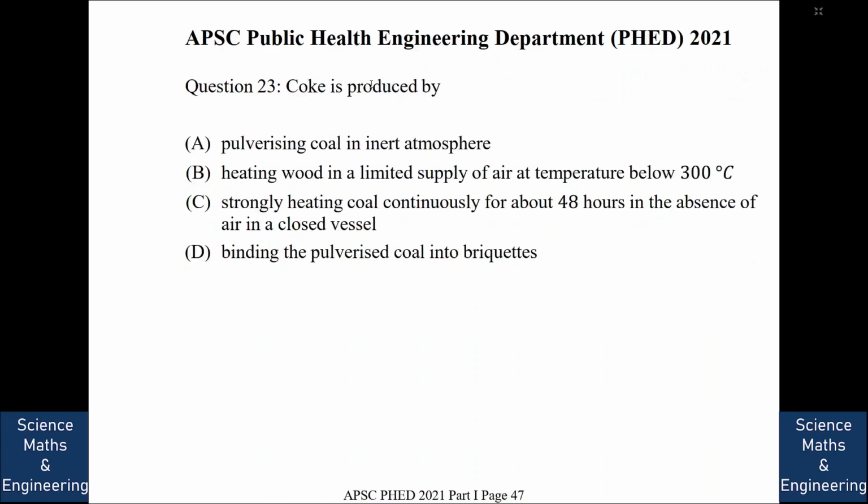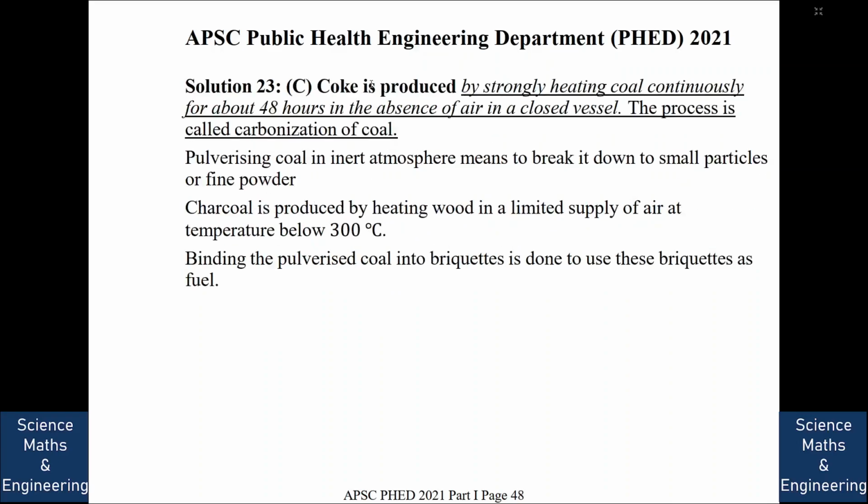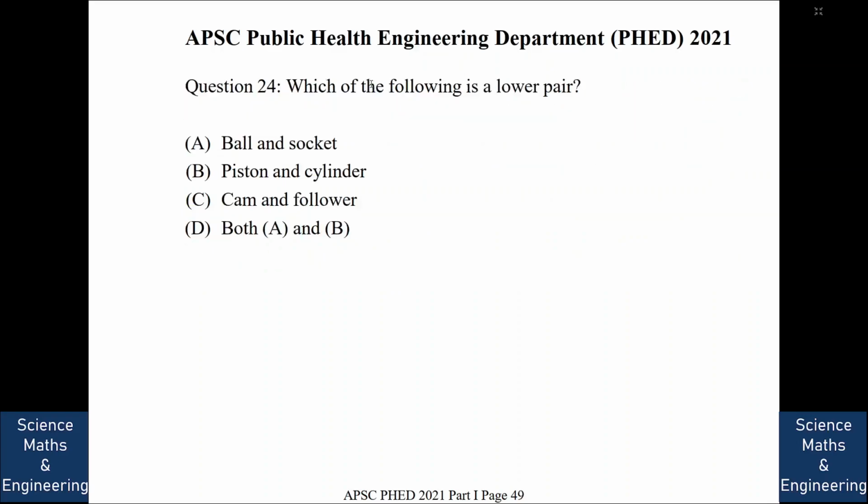The other options, there is pulverization and others that I have also mentioned. Now this production of coke generates a lot of smoke, mostly carbon monoxide and carbon dioxide, and it is a very polluting work. So we'll go to the next question.